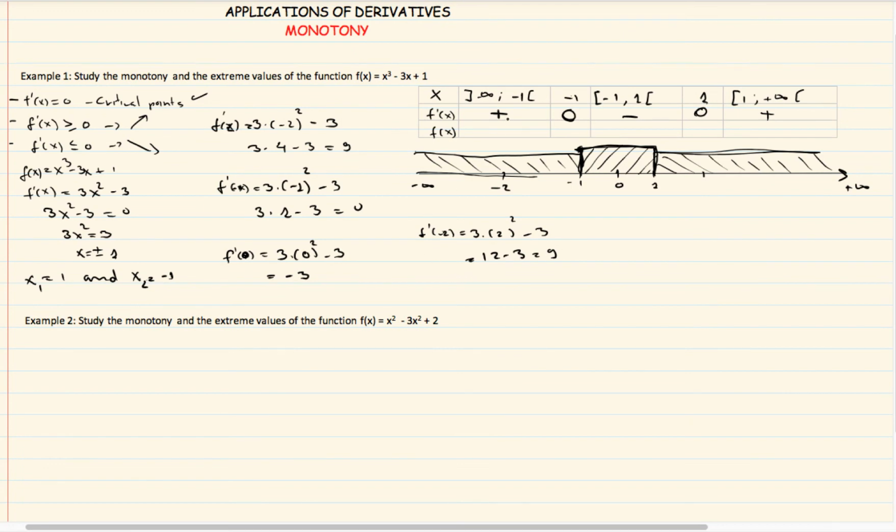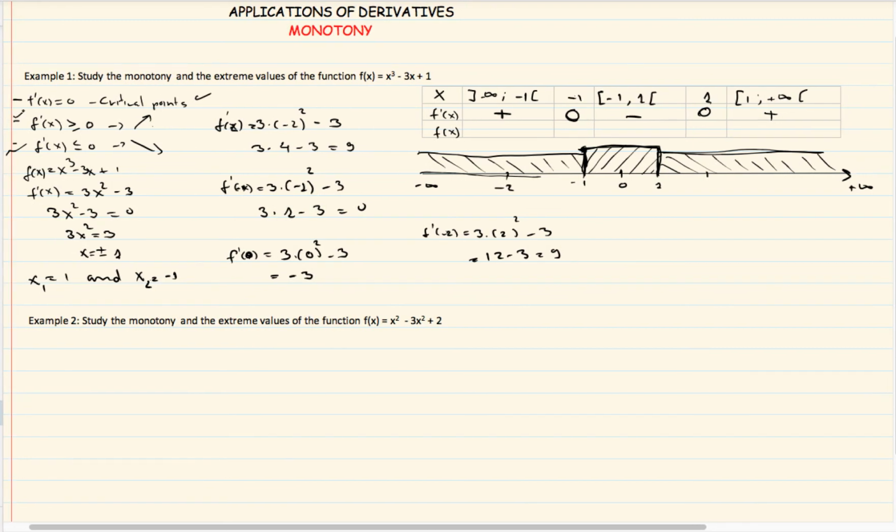So as we have finished solving for this row, now we come to this row, and it's time for us to apply one of these propositions. So the first proposition: if f dash of x is equal to or greater than 0, then the function is increasing.